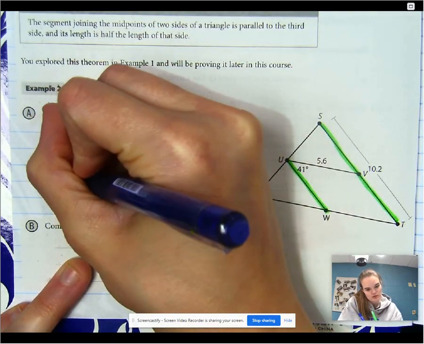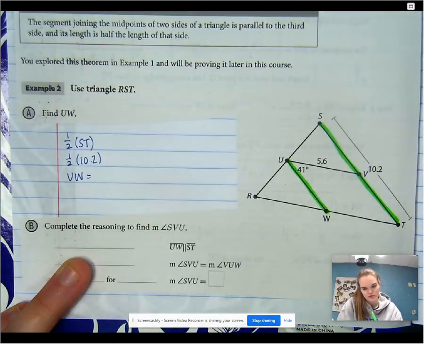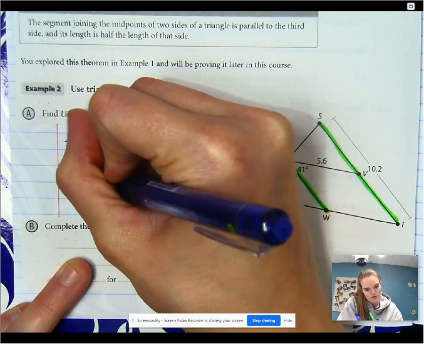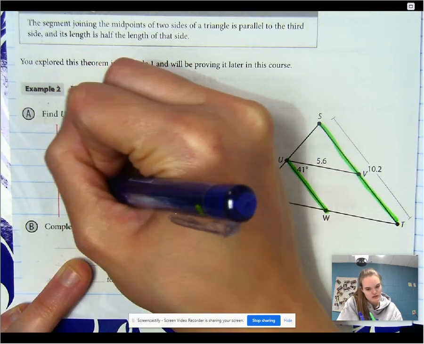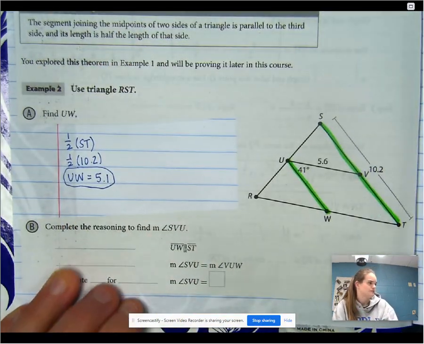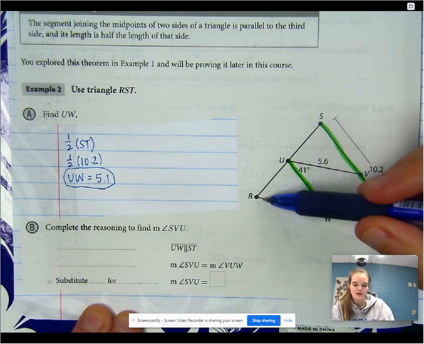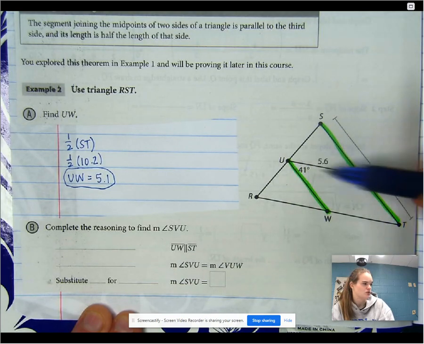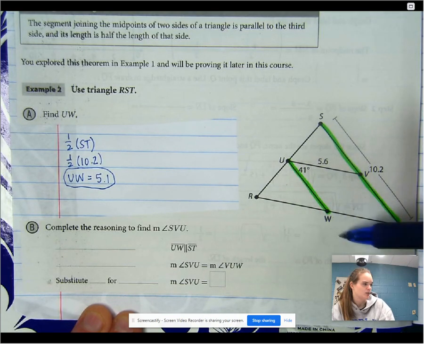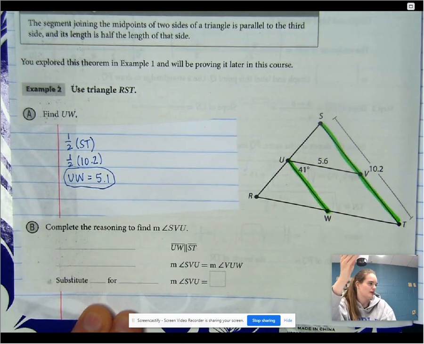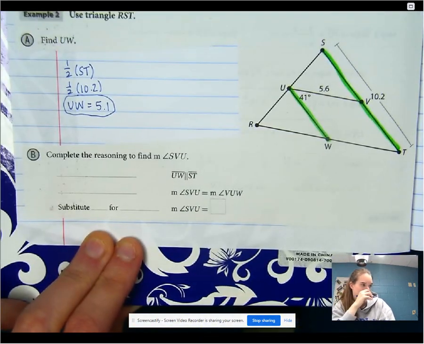So UW is equal to 5.1. In the opposite way, you could find RT because it's twice of UV, so it would have been 11.2. We don't have to find that though, that's not what it's asking.